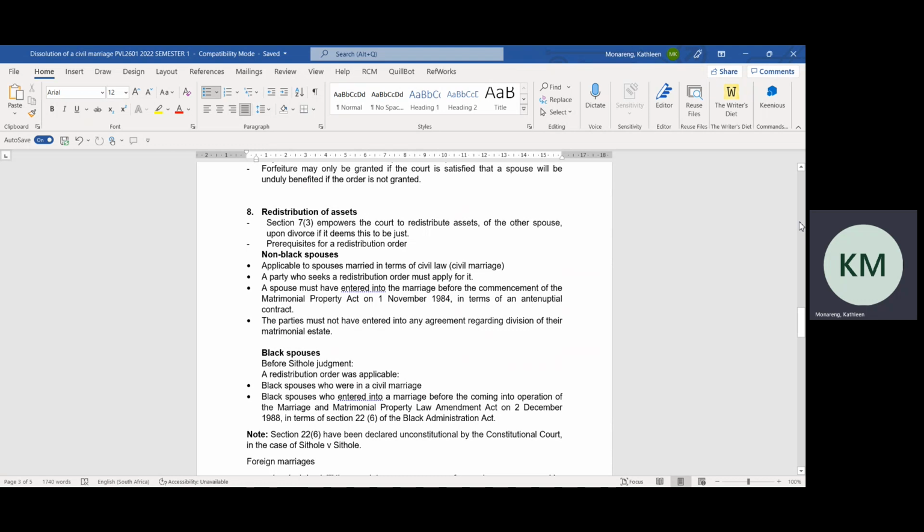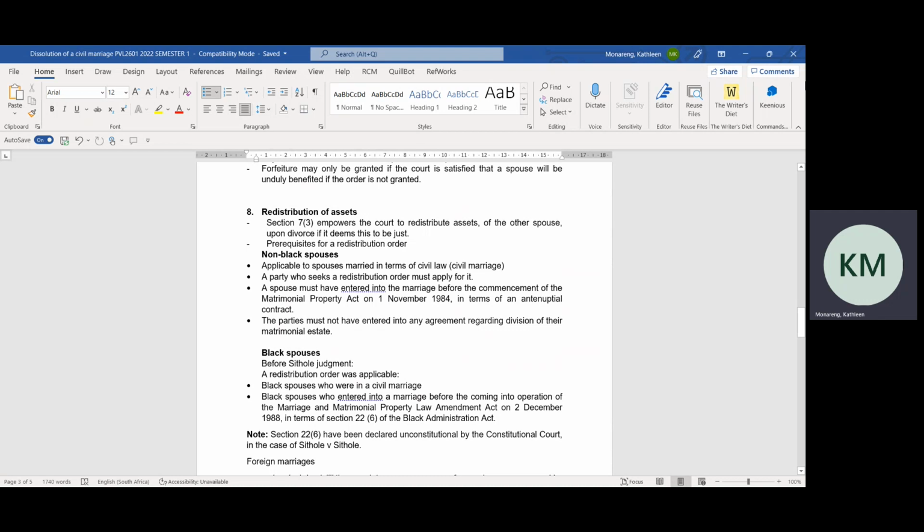It is important to note the date, because for any non-Black spouse in a civil marriage out of community of property in terms of an antenuptial contract who entered into the marriage after 1 November 1984, redistribution of assets will not apply. It is only limited to spouses who entered into a marriage before the commencement of the Matrimonial Property Act.